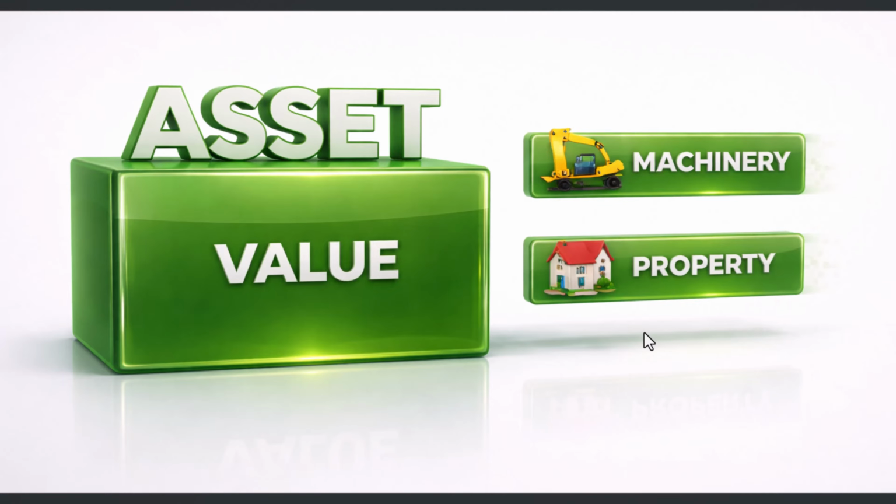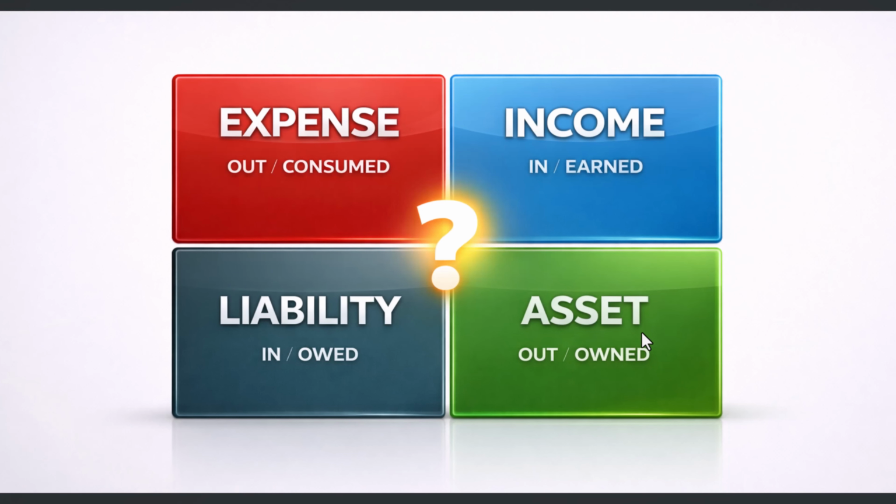The money was used to buy something that still has value, something that the business can use again or even sell later. That is called an asset. Examples are machinery, vehicles, property, equipment, etc. That's it. 4 categories: income, expense, assets, liability, all decided by one question: did money come in or did money go out?